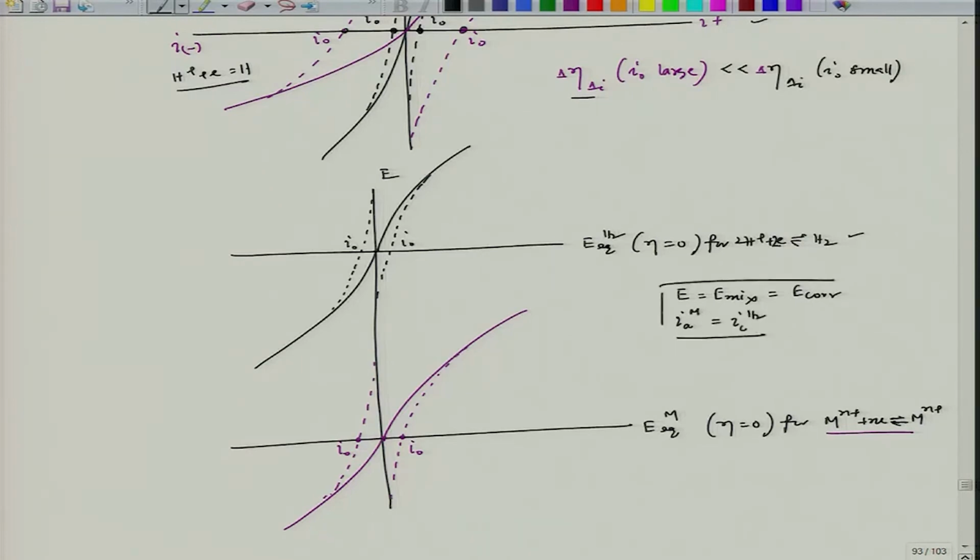So, this condition is to be met. And in case of the Evans diagram, how did we do it? We have log I and E, we have reached this point, and this point becomes I corr equal to IA metal equal to IC hydrogen.